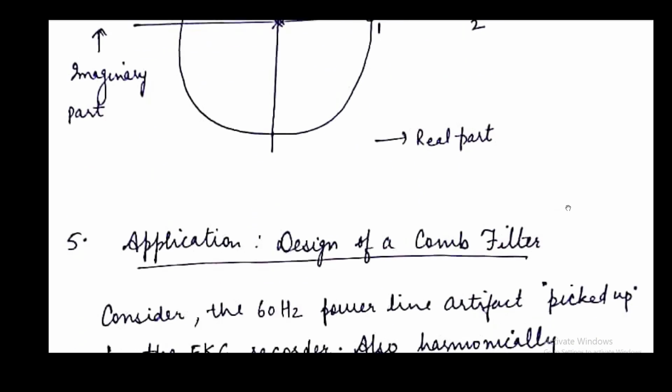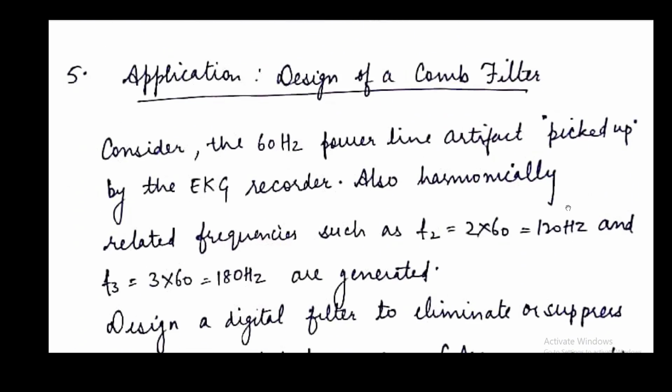Now let's see one application of this in designing a comb filter. We have seen in the last lecture that we use a comb filter when we want to remove the harmonics of a particular frequency.